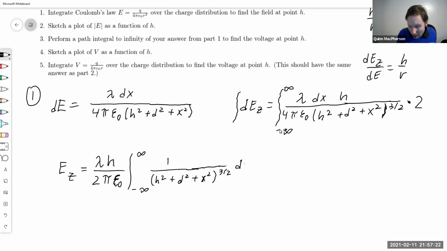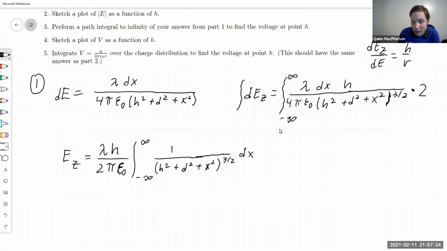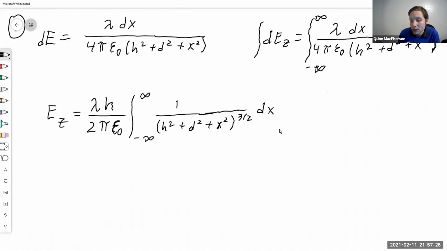This is a pretty hard integral. I don't want to do it right now. I'm just going to look up the answer. In fact, I've already looked up the answer, so I'm just going to write it down.